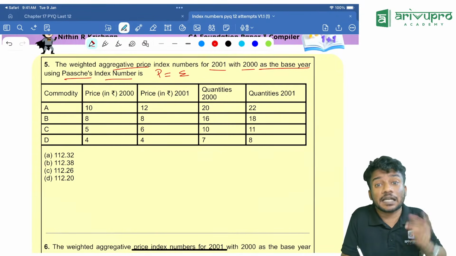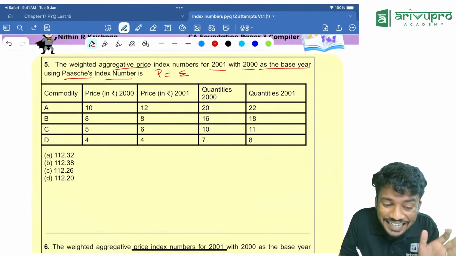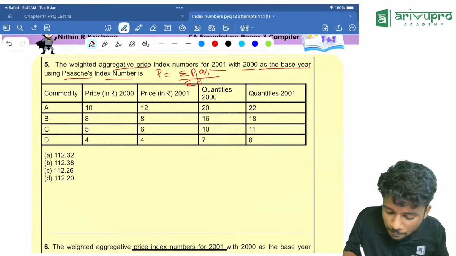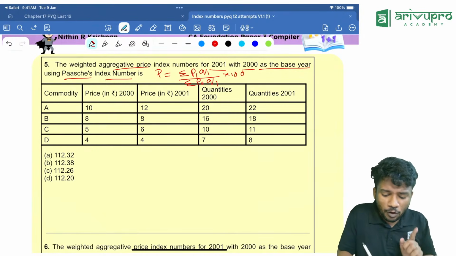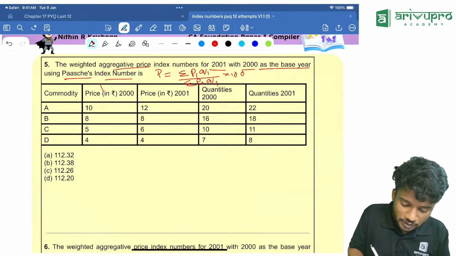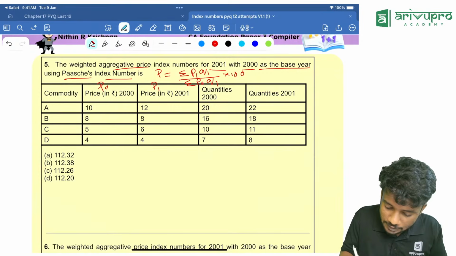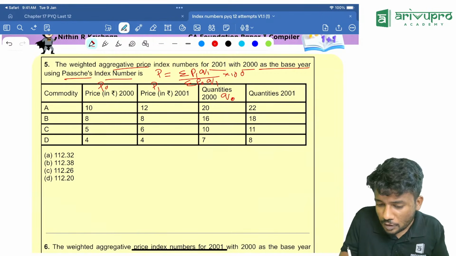Here we are taking the quantity of the current year. So the formula is sigma P1 Q1 divided by sigma P0 Q1 into 100. People, what is the base year over here? 2000 is the base year. So this is base price, this is current price, this is base year quantity, this is current year quantity.